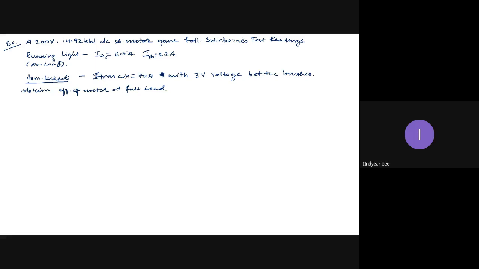We have conducted open circuit and short circuit tests on transformers in the previous sem. In open circuit test, we kept the secondary open. There, only voltage was available, current was not. So V was rated, I was 0. In short circuit test, we short circuited the secondary terminals of the transformer, where the voltage was very minimum and current was very large.